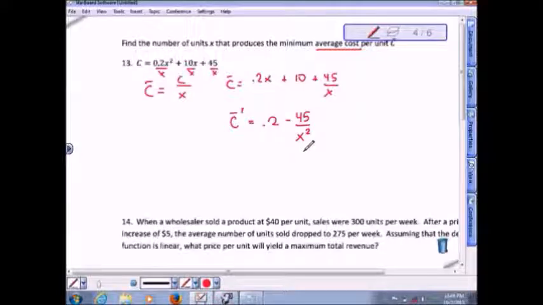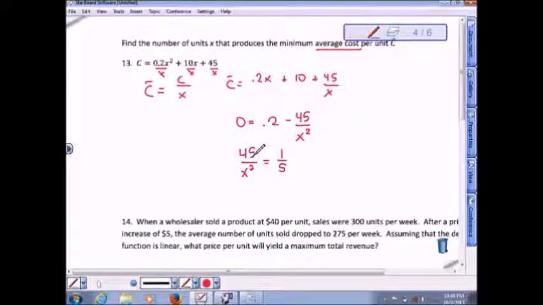If we set this equal to 0, I'm going to add this term to the left side. It becomes 45 over x squared equals 0.2. I'm going to turn that into a fraction, it's 1/5, because 0.2 means 2/10, which is 1/5.